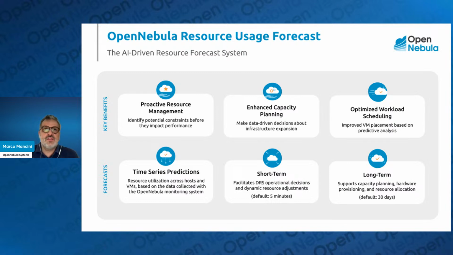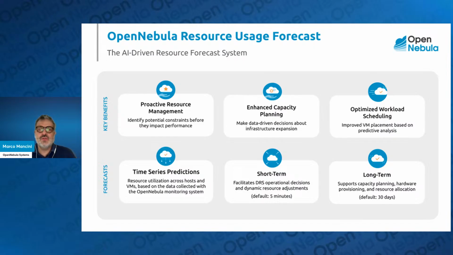So you can have proactive resource management because you can identify potential issues before they impact the performance of your deployments. And you can use, for example, long-term forecasts for doing some capacity planning for your infrastructure. And then this can be used, as I said, with the DRS to improve your VM placement according to the prediction, and not only to the observation of what is happening now, but what can happen in the future.